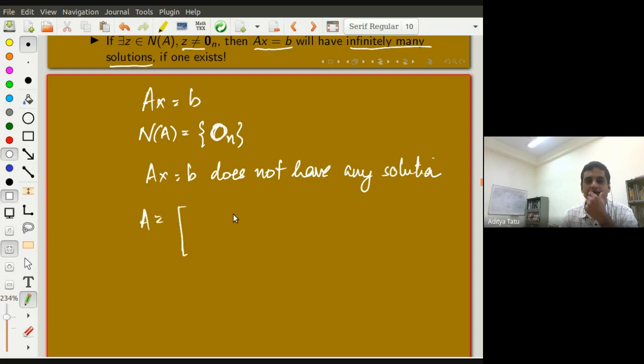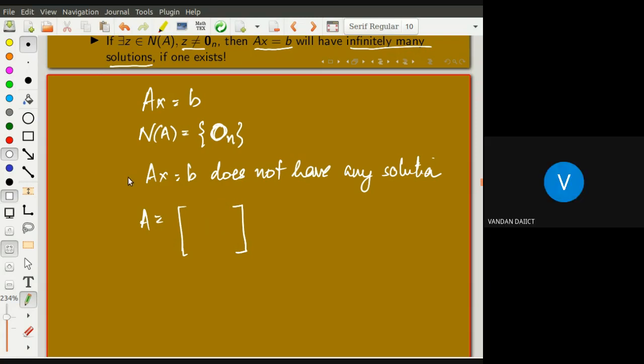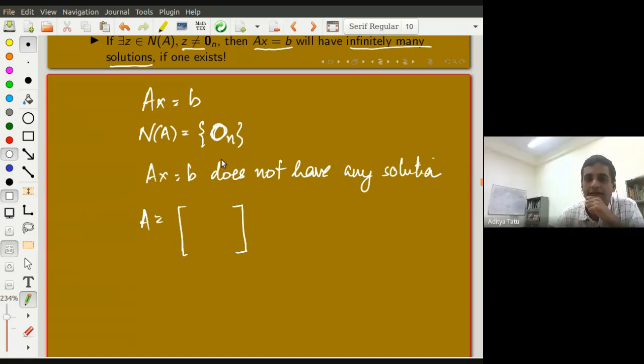Sir, parallel lines have no solution, but their null space has exactly one element guaranteed, not more than one element.